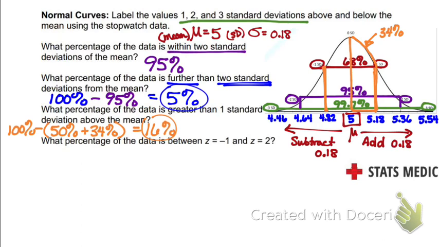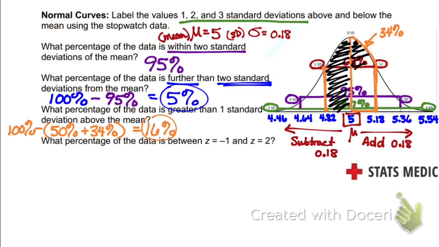What percent of the data would be between a z-score of -1 and +2? Where would I be looking? Where would negative 1 be? Here's going down to negative 1.